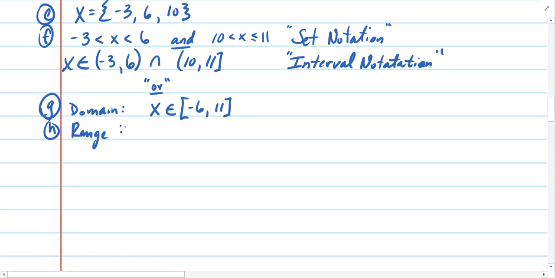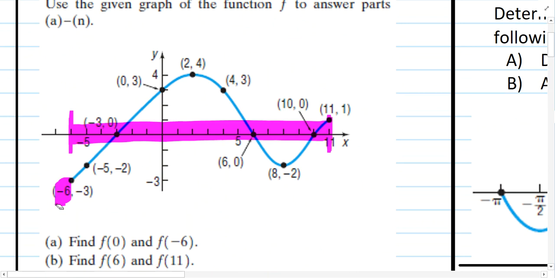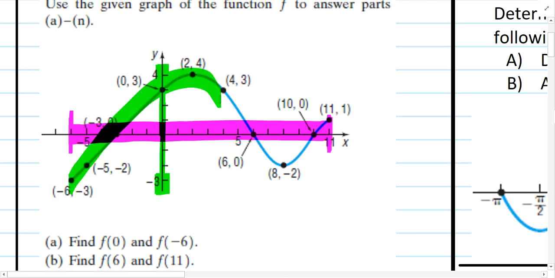Now the range is quite similar. This time we're talking about y values, and we're essentially looking at the smallest y value to the largest y value possible in this graph. It looks like the smallest y value is going to be -3, and the largest y value, as I'm scanning here, is going to be +4. All y values will exist somewhere between -3 and 4 as we travel along this function.